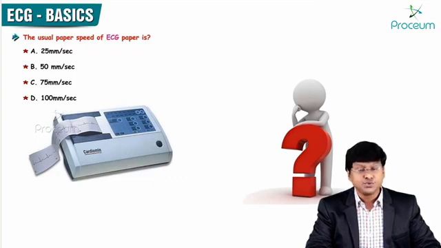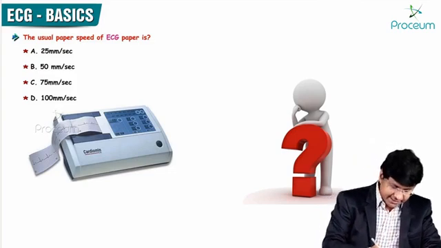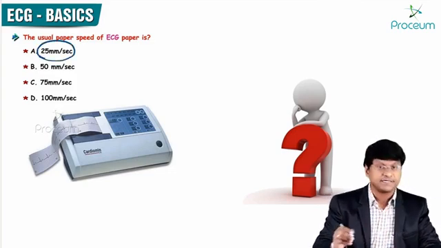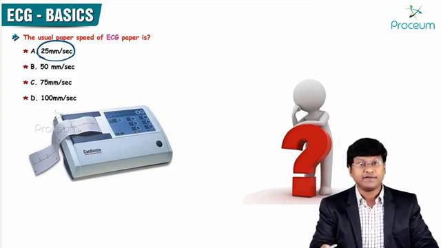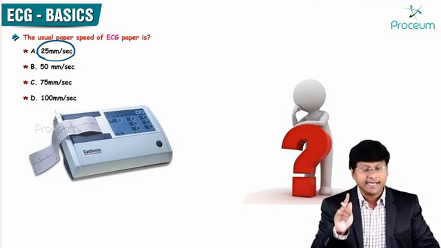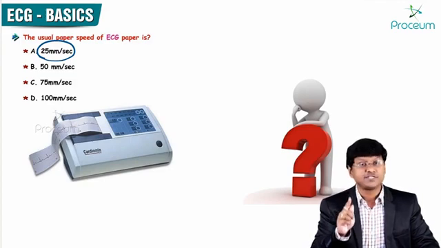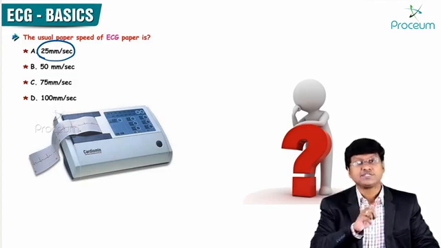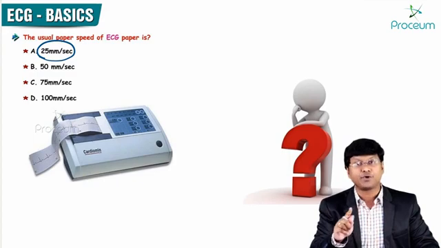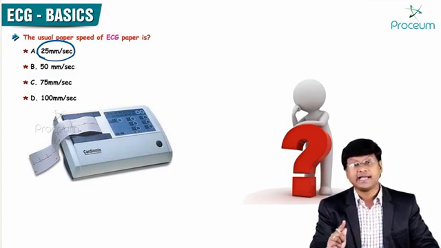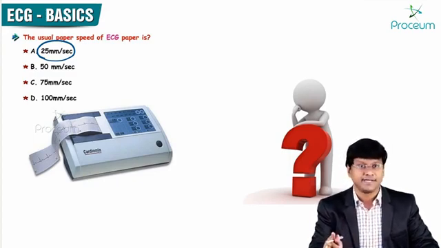Remember, the usual paper speed in the ECG machine is 25 millimeters per second. This is very, very important. And if a different speed is used, calculations will have to be modified appropriately.